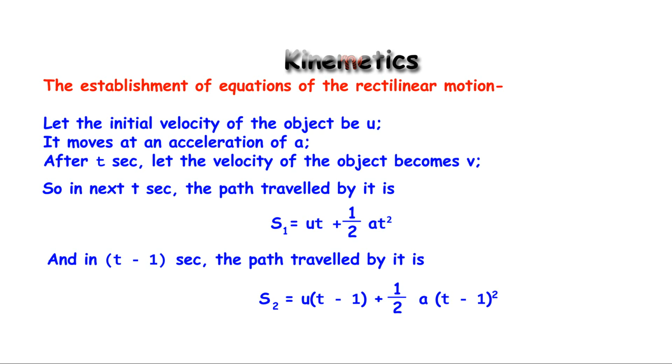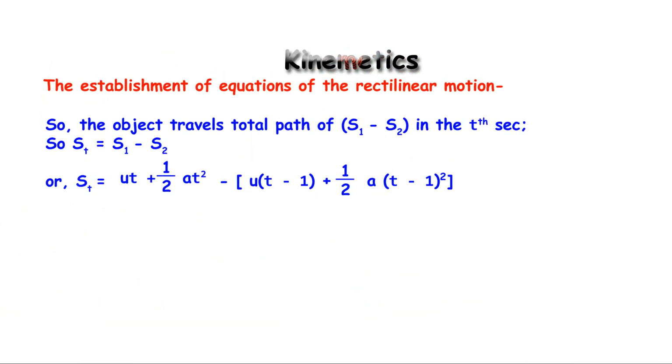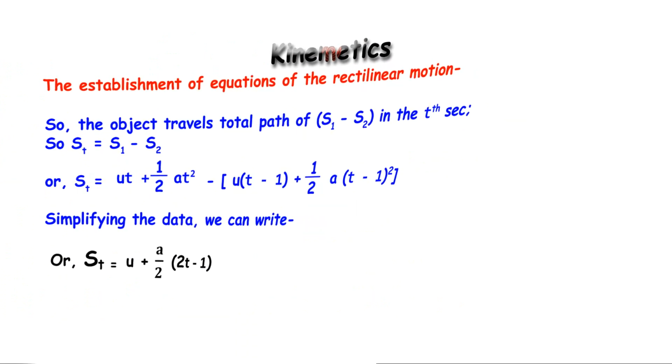So in the tth second, the total pathway traveled by it, that is st, equal to s1 minus s2, and after simplifying, we find that st equal to u plus a by 2 into 2t minus 1, and this is the total pathway traveled by the object in the tth second.